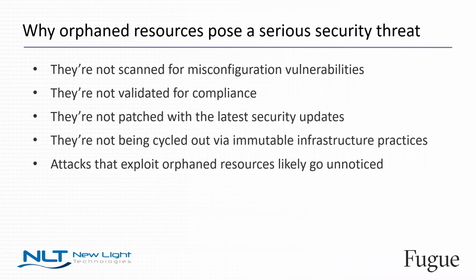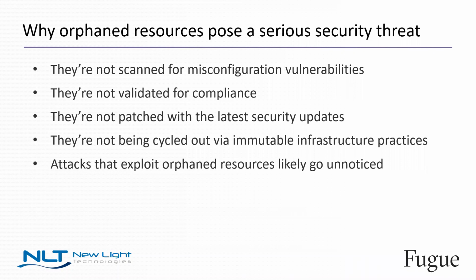Well, if something's orphaned, you're not going to be looking at it with your tools. You're not going to be assessing it. You're not going to be validating them for compliance. If it's running an operating system like an EC2 instance, they're probably not going to be patched. And therefore, as new vulnerabilities are found in whatever libraries and applications you're using, they're not getting patched. Those show up on the radar when the bad guys scan that IP address.